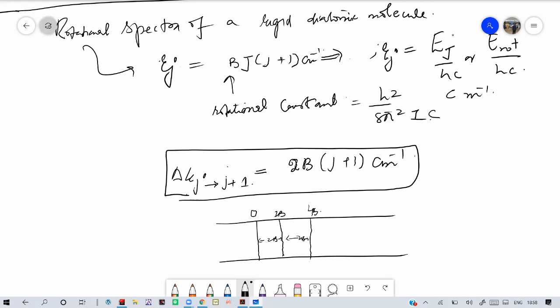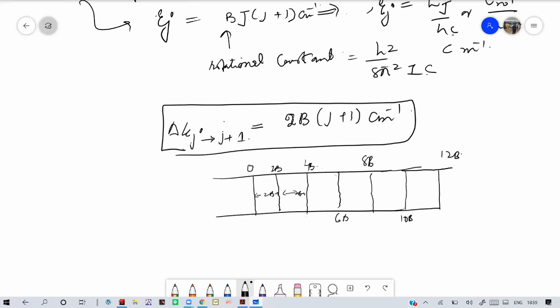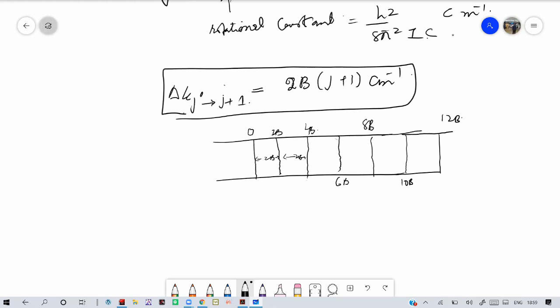Actually, there is an increment of 2B between each two levels. Then you have 6B here, 8B, 10B, 12B here. So this is how the spectra of allowed transitions between energy levels of a rigid diatomic molecule will look.